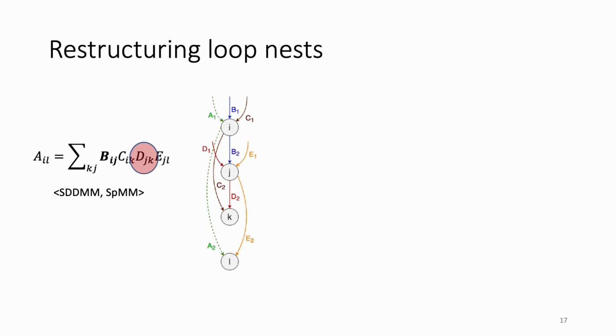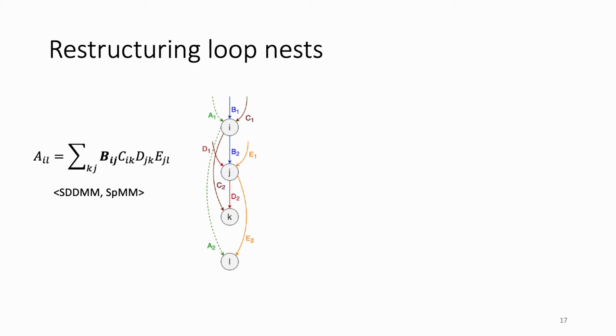Notice that I have used a slightly modified version of the example by using the transpose of the D matrix here. The reason to do this is because if I use dkj, then the iteration graph generated by default would have the order i, k, j, and l instead of the ordering i, j, k, and l. I will later show an example of what happens if we use dkj instead of djk here.